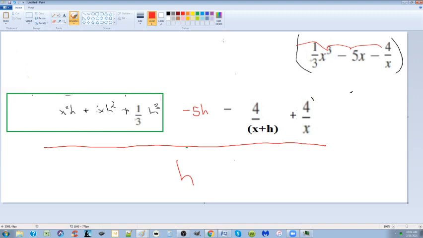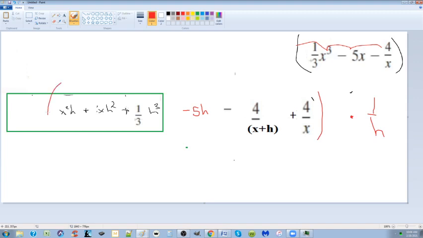I think I have to find a way to resolve that, because otherwise it'll just be h distributed into it. No, I think it'll still work. So all of this is being divided by h, so let's have a look at what that means. That's the same as multiplying this whole thing by 1 over h. Okay, that might help actually.